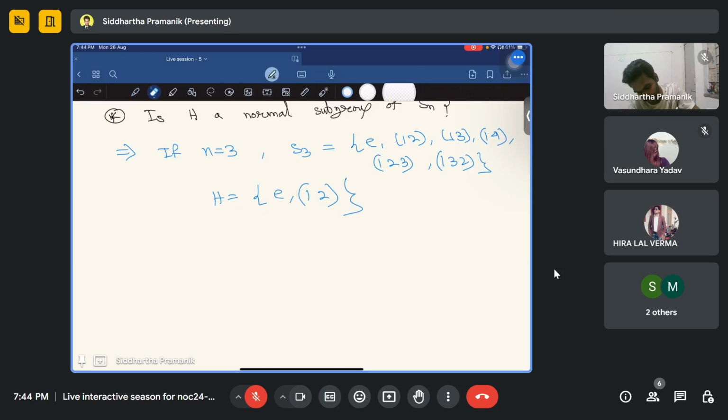Okay, yeah, you are correct. So in that case also (2 3) does not belong to the set H. So H is the set of the identity and the 2-cycle (1 2). And from the lectures you can see that H is not normal in S3.